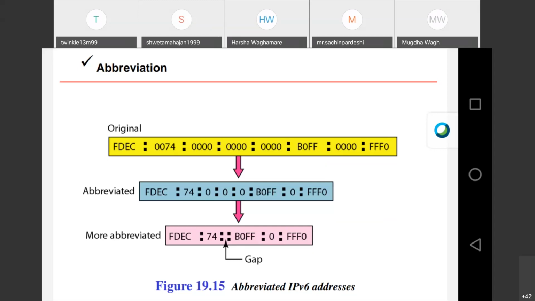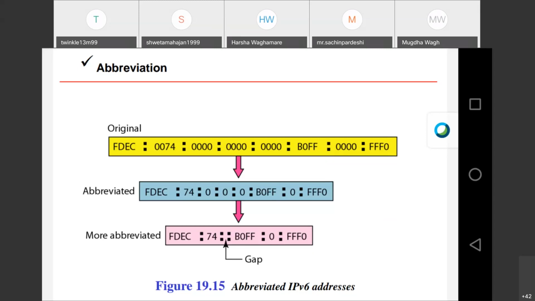Only once. Even if the last block, FFF0, were 0, you can still represent a gap only one time, because you have to write the original address back from the more abbreviated address.